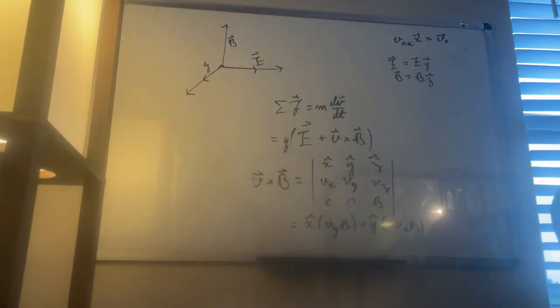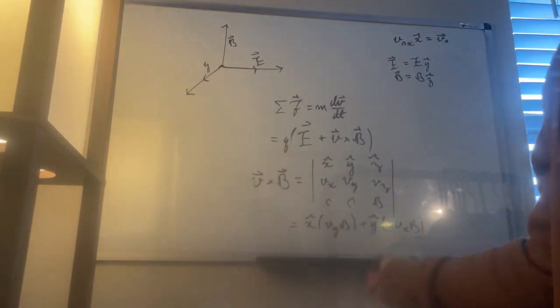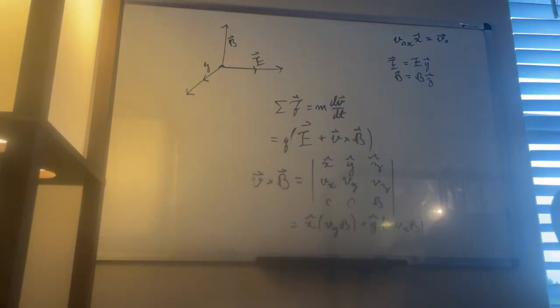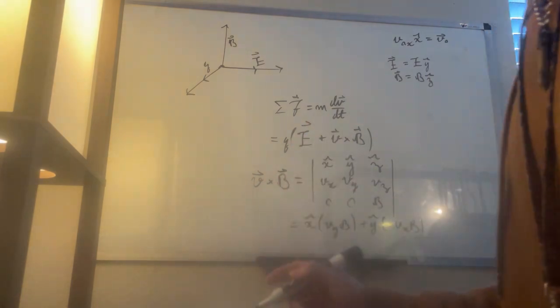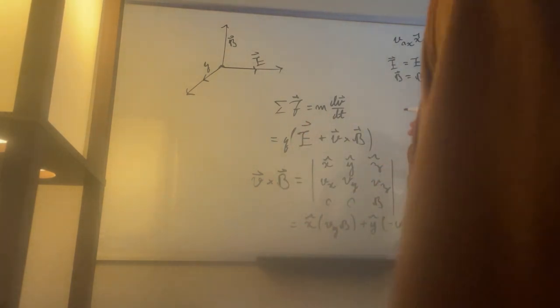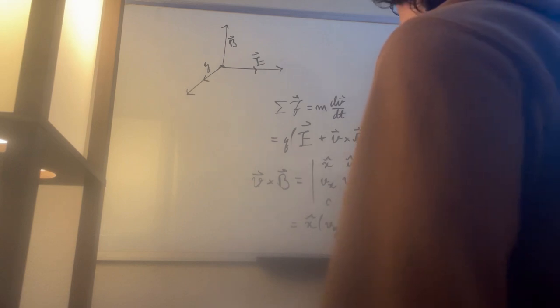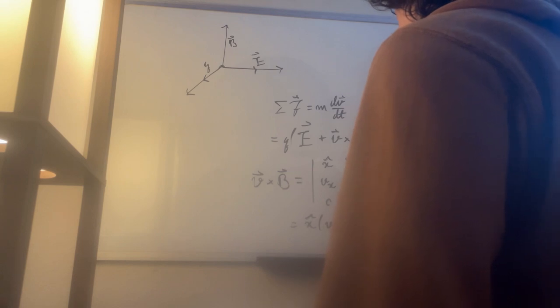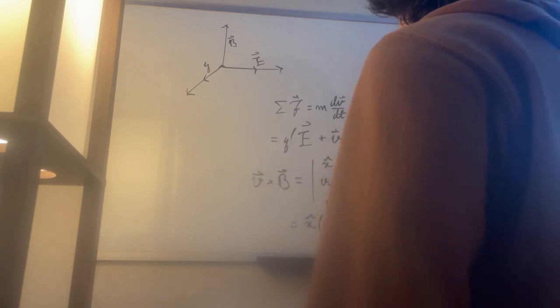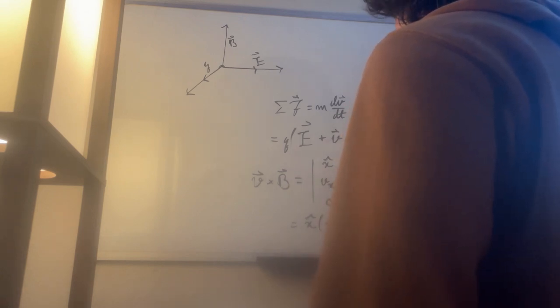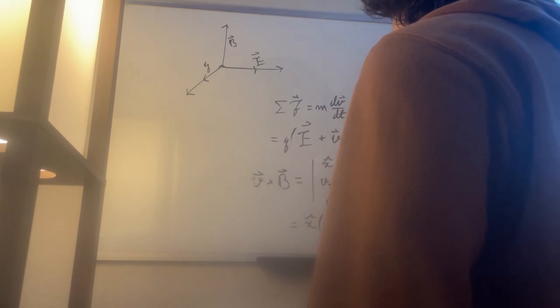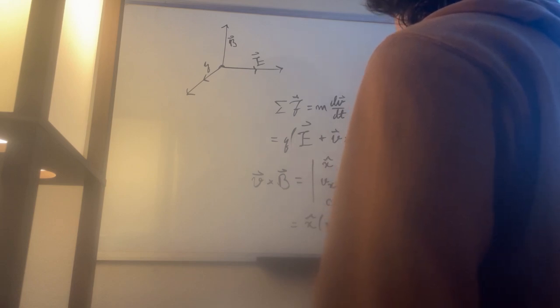And then in the z hat, the determinant has 2 zeros in the second row, so it's going to have a 0 determinant over there. So we have evaluated our cross product, which is equivalent to Vy B x hat minus Vx B y hat.